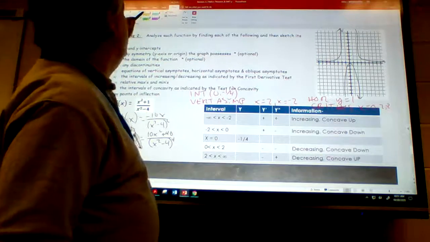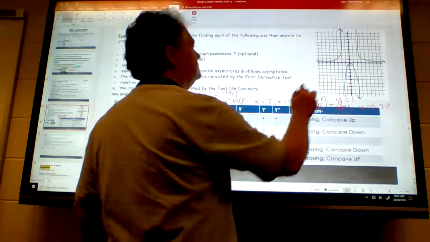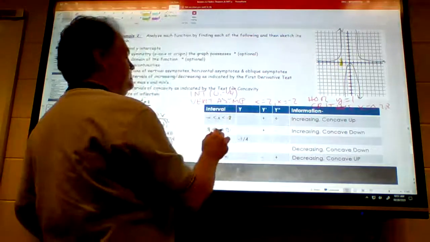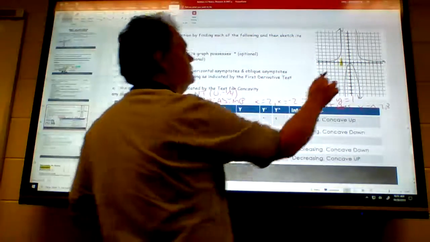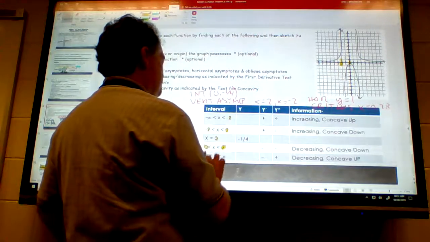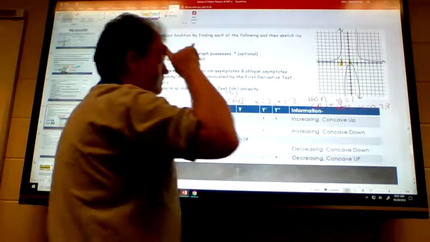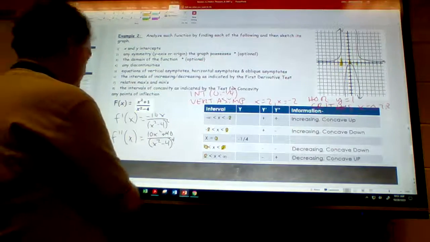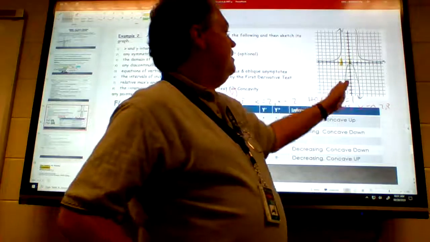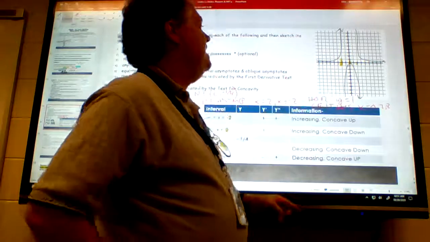And I'm going to go ahead and highlight these critical numbers. They are -2, and then you got 0 right there, and then you got 2, which is right here. But if you look from -2 to 0, it's increasing, but it's concave down.